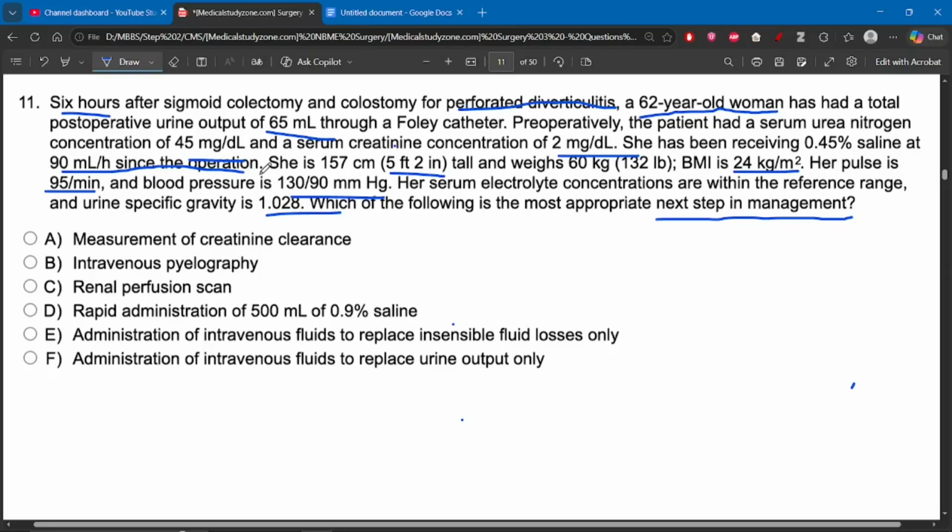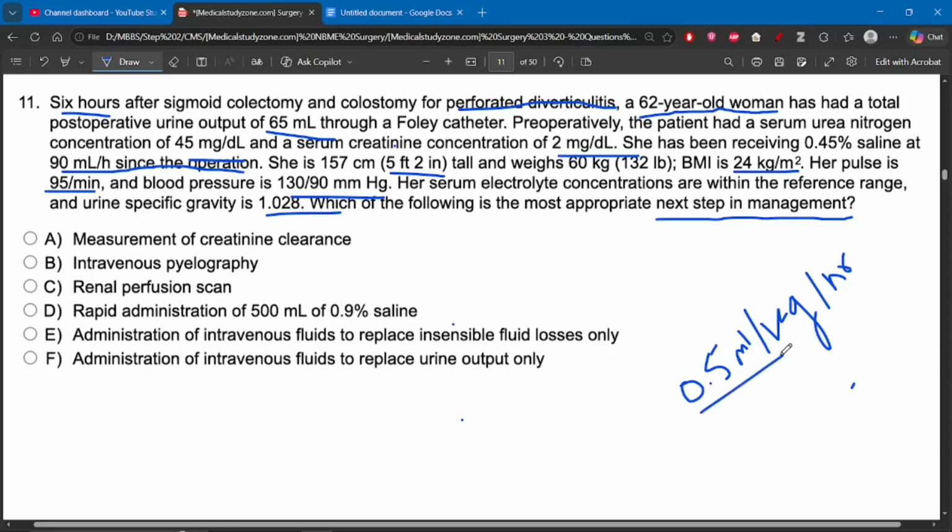So the first value that they've given us is post-operative urine volume of 65. Now, the appropriate or minimum urine output that an adult should have is 0.5 ml per kg per hour.